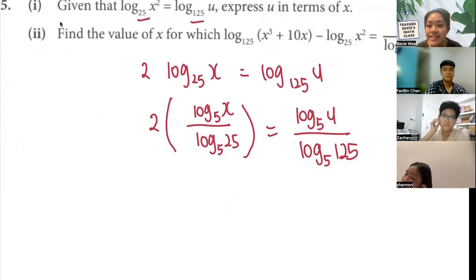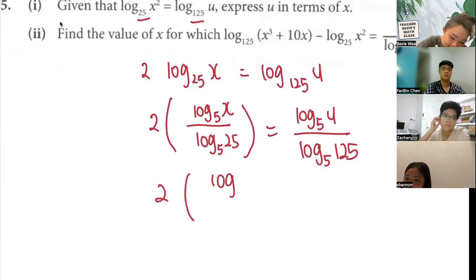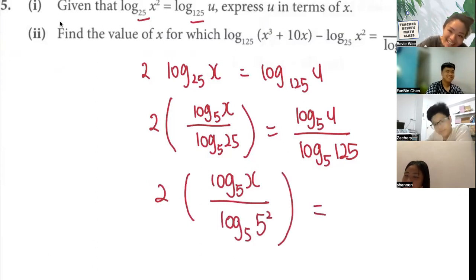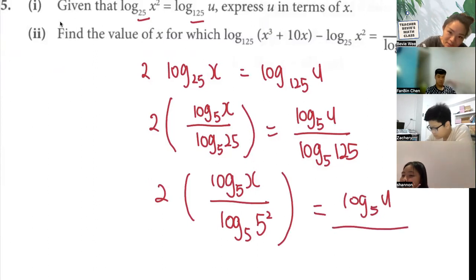Okay, the bottom, right, you change 25 to 5 squared. The other, 125, you change to 5 cubed. After that, you bring out the 3, then the other one bring out 2. Very good. Oh, you talk so fast, nobody can understand you, but I can. Equals log base 5 of u over log base 5 of 5 cubed.